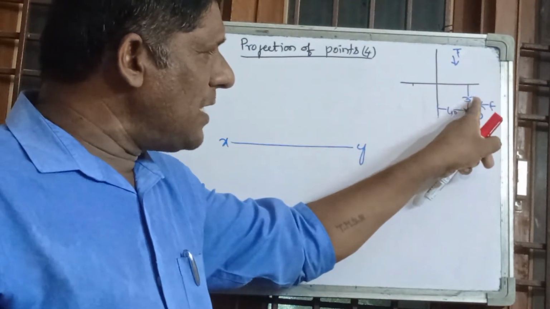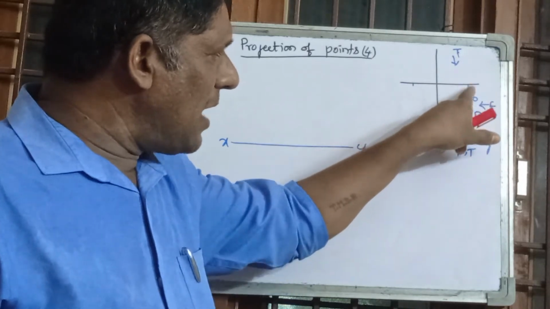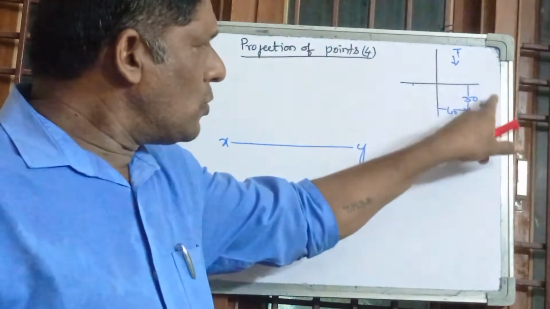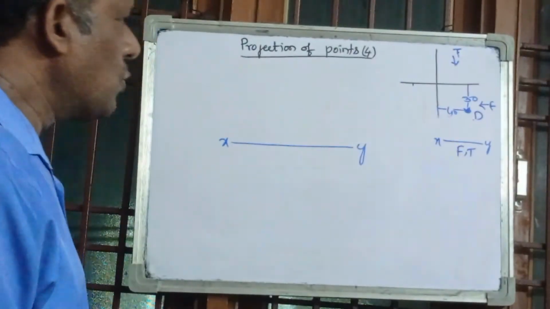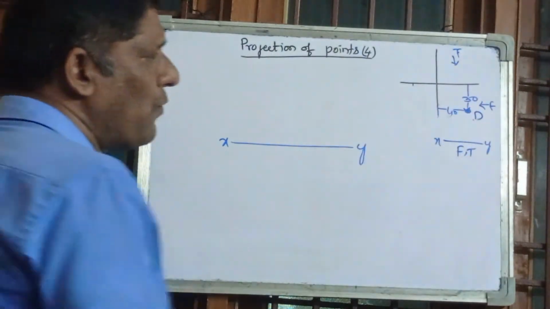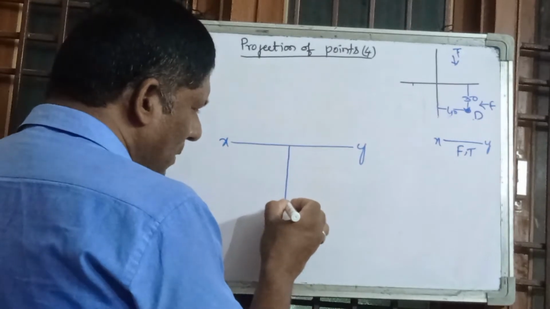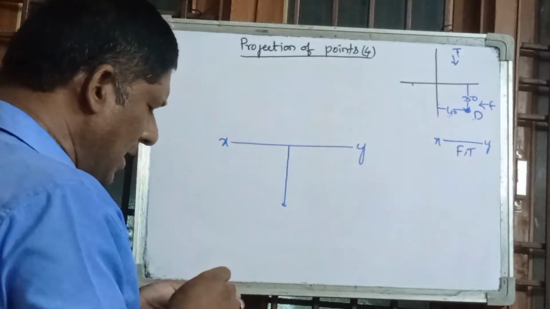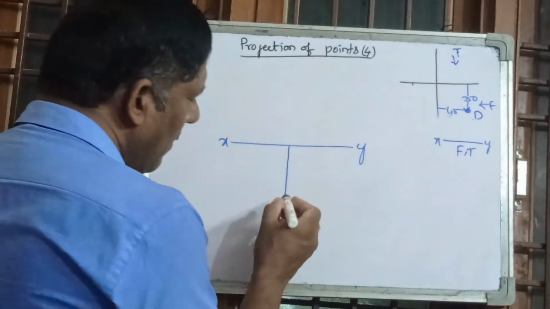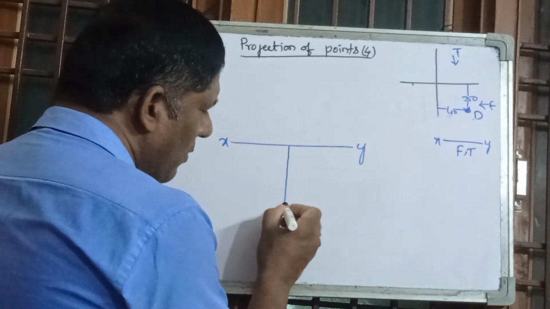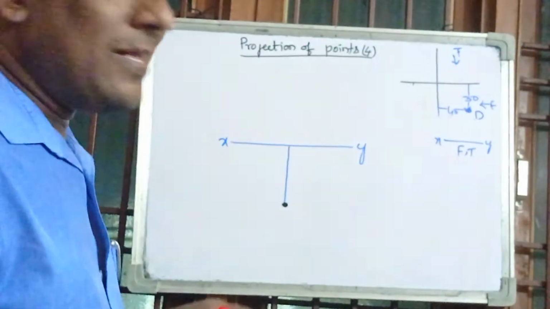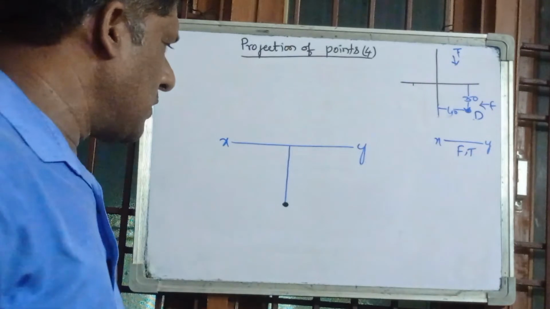Below XY, how much is it? So the point is here, this gap we can see from the front. So this 30 mm gap is visible from the front. The front view is coming below XY, so below XY you can take 30 mm. And here the point is marked with the HB pencil. Why? Because it is a solution, projection of points.